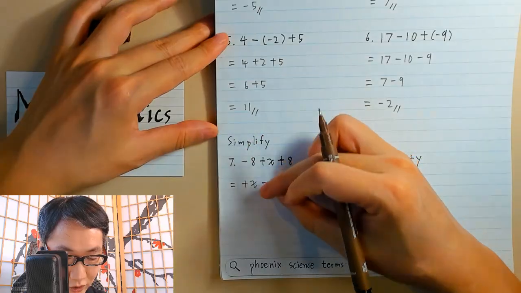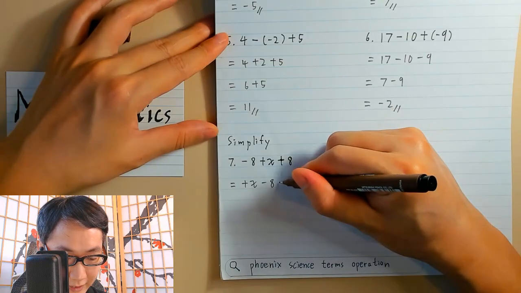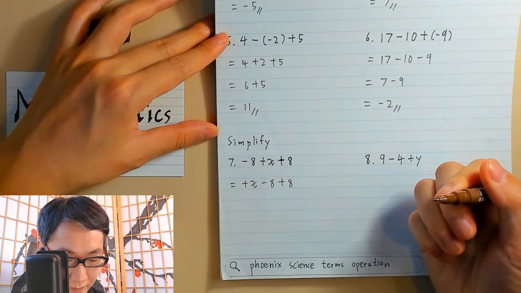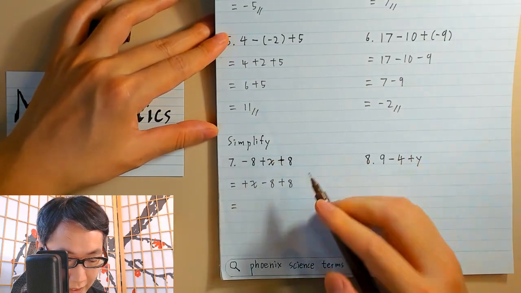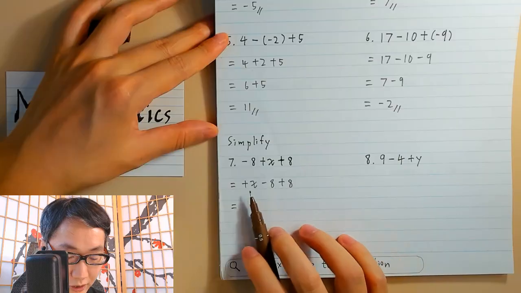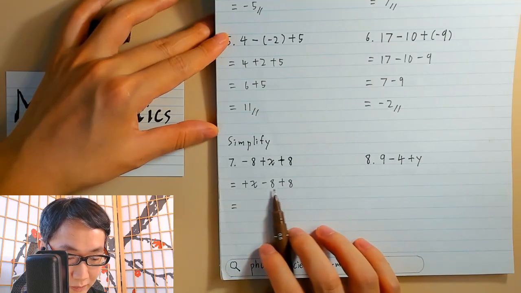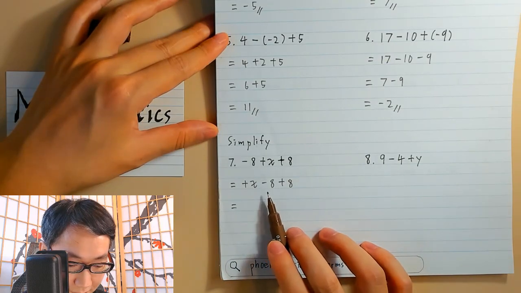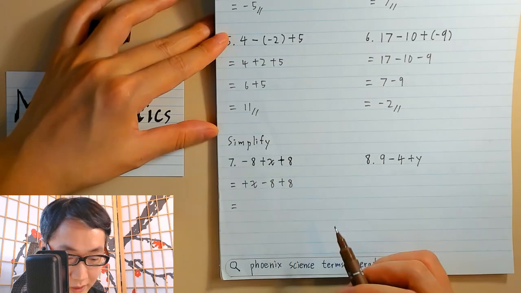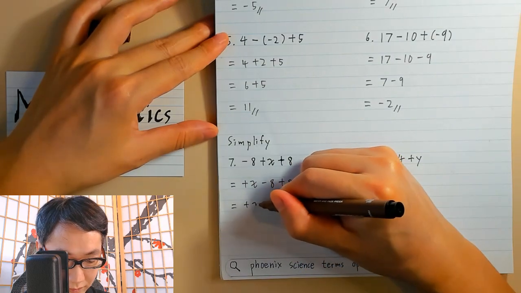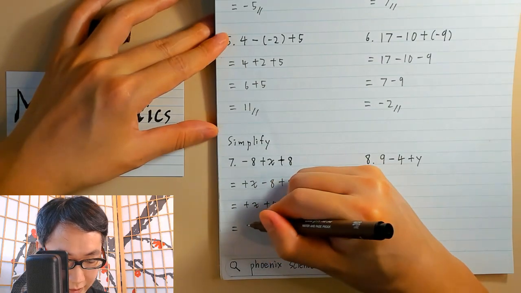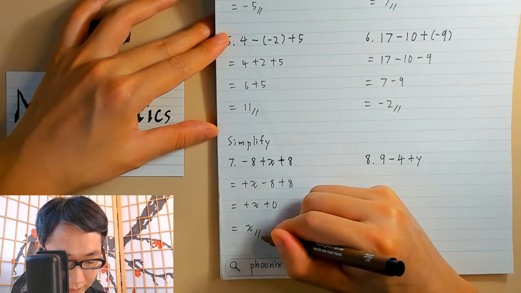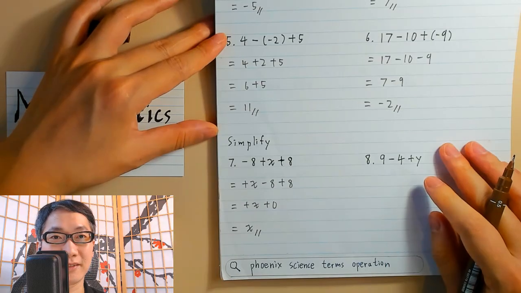So we arrange the order of these 2 terms. And then positive 8. Oh, now these 2 are together. And then I do these 2 first, because the order of resolve, it doesn't matter. So negative 8 and positive 8. Oh, it's a 0. So and then I have x, or plus x. Okay.